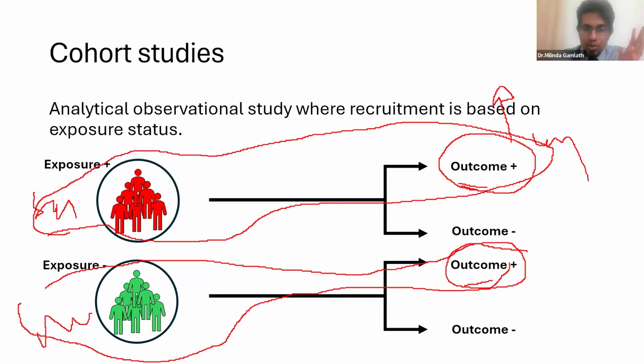I hope that's clear up to now. In cohort studies, you start off with the exposure, smoking and non-smoking, and then you follow them up until you get the outcome.